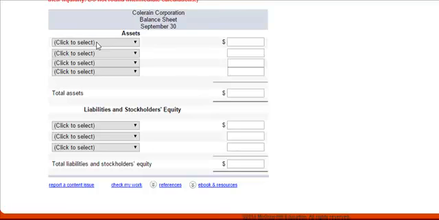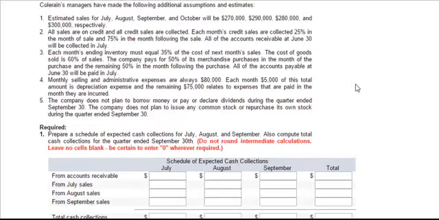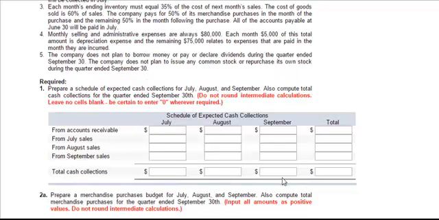So we'll have to be sure to remove the depreciation expense first. Our accounts receivable, we can figure that out by looking at the dollar amount of sales in September that were not collected in cash in September, and therefore would become the accounts receivable balance as of September 30th.